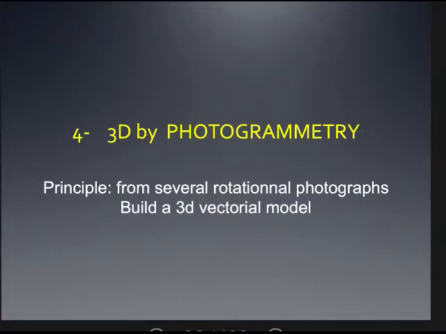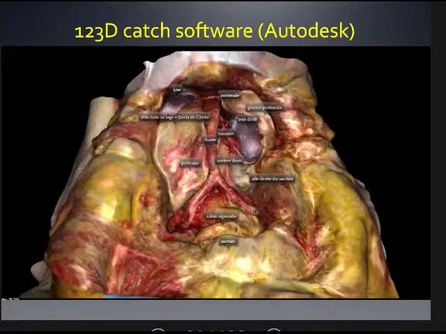So photogrammetry is another technique to learn and to teach anatomy. And the principle is to build from several rotational photographs a 3D vectorial model. Here is an example, a software which is called 123D Catch is producing these kinds of models.